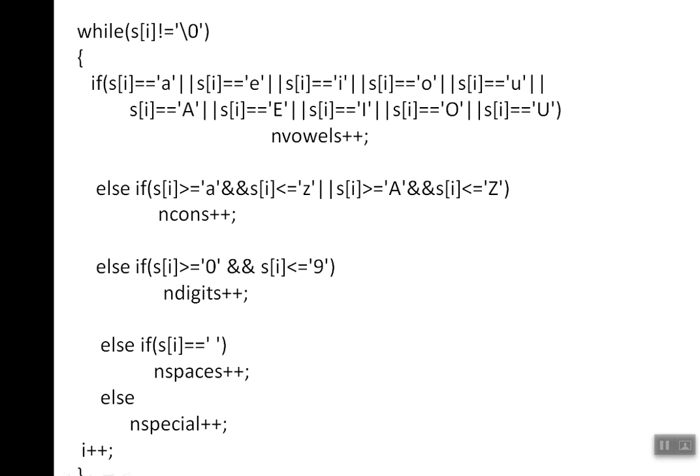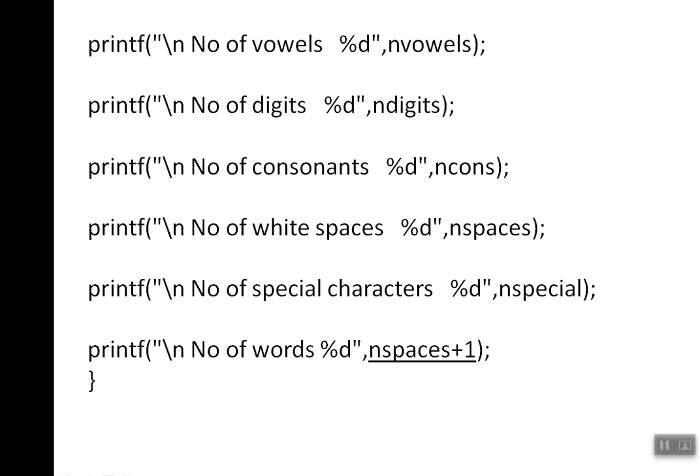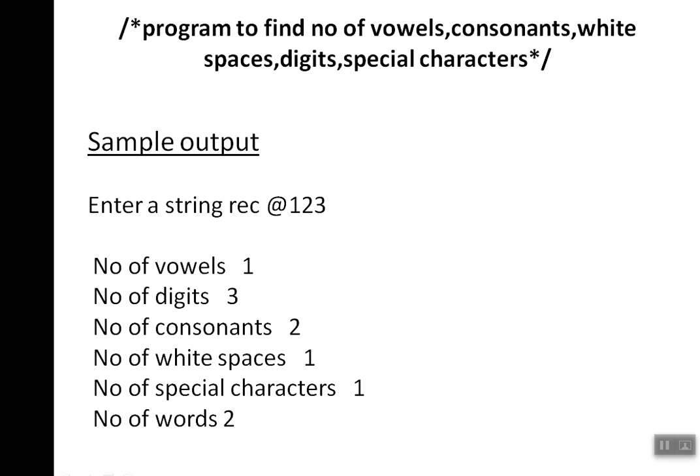So at the end, n consonant, n vowel, n digit, n spaces, n special contain the number of vowels, consonants, digits, and so on, and you will have a confusion here. See, the number of words, how will we calculate it? Here we have one space. So before the space we have one word, after the space we have one word.